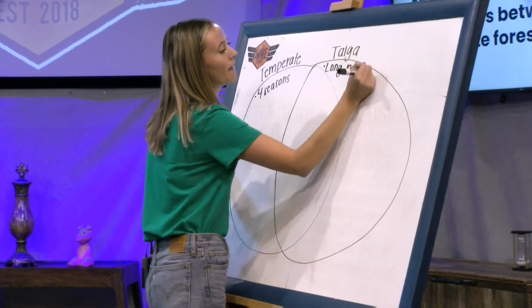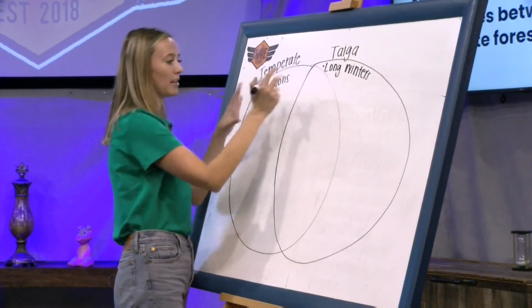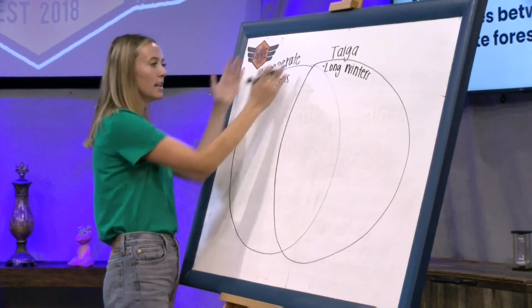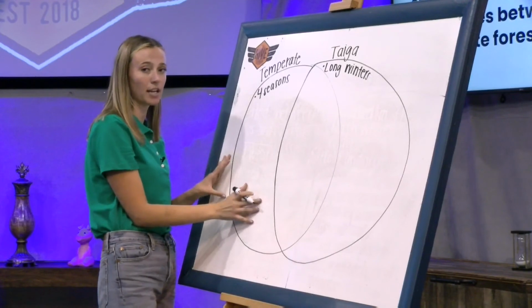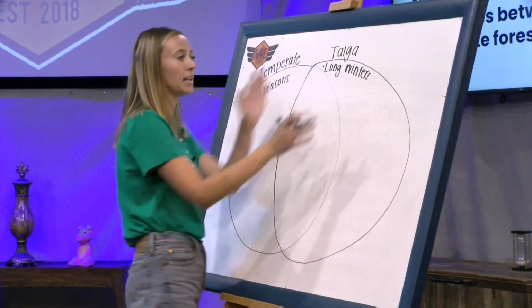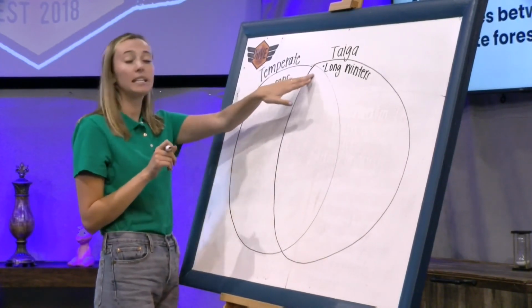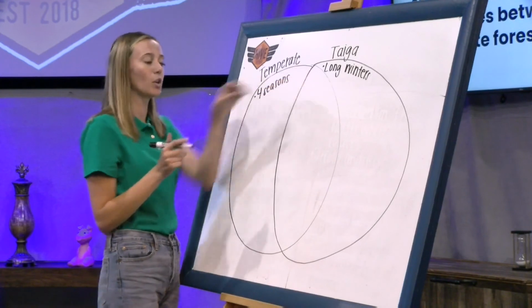Everything that's different goes on the outside parts of the circles. So for temperate forest, everything that's different, or when you contrast, goes on the outside. Taiga, anything that's different goes on the outside. Anything that is the same would go on the inside.